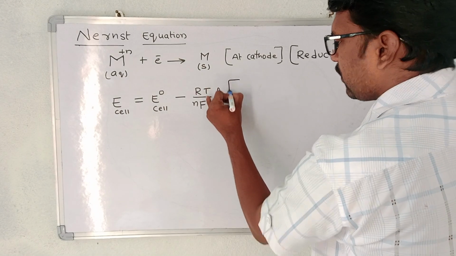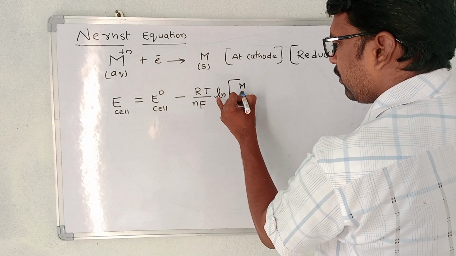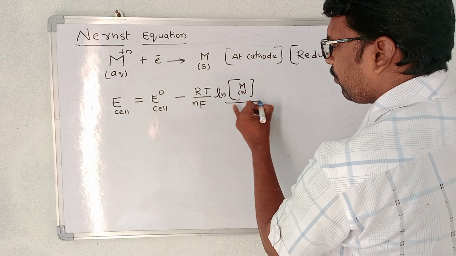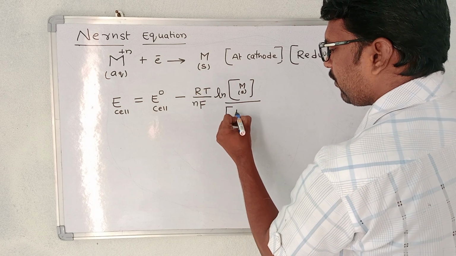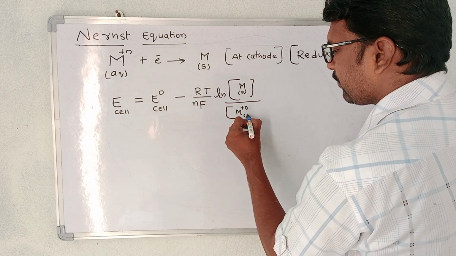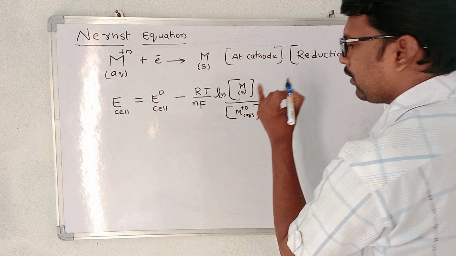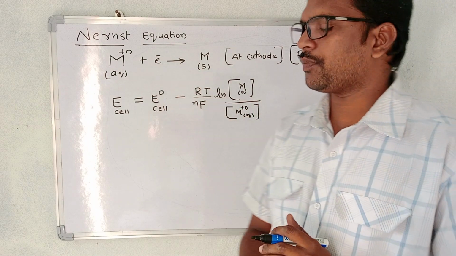Here the product is metal, so it is present in solid form, and the reactant is in aqueous solution form, so we write it like this. It is the Nernst equation for this half-cell reaction.